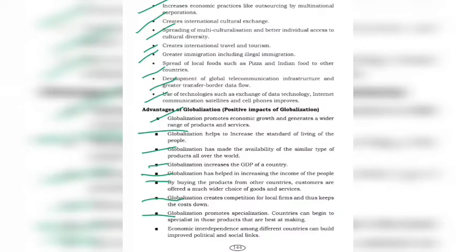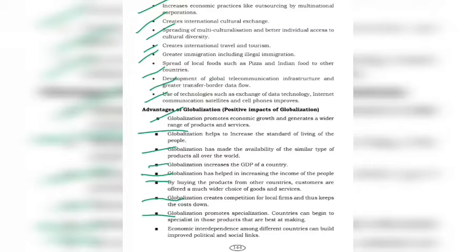Suppose a country is producing TVs and has developed a good technology in it, they have become experts in it. We can take the example of Japan. Japan has now got a good hold in manufacturing of electronic products, so they got the specialization of it. Because of globalization, they used to export the products, people started liking their products, and now they are specialists in that.